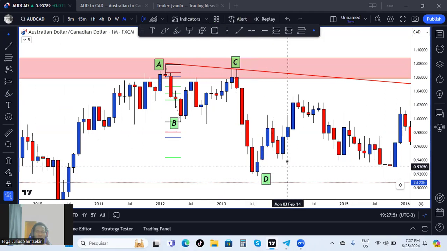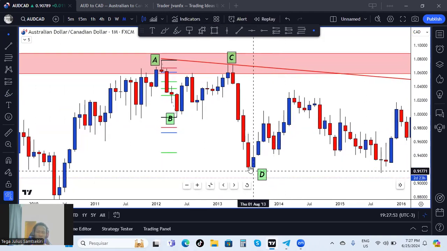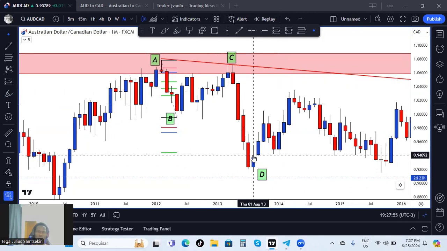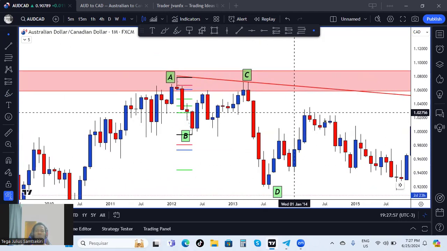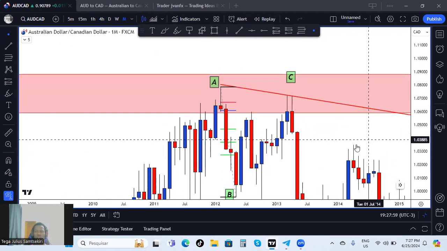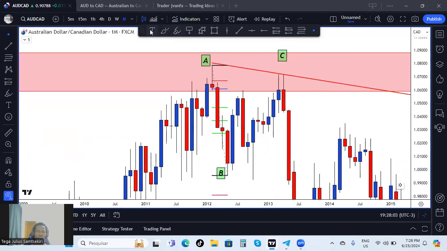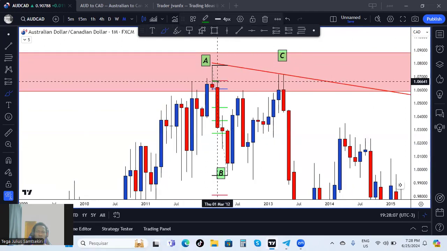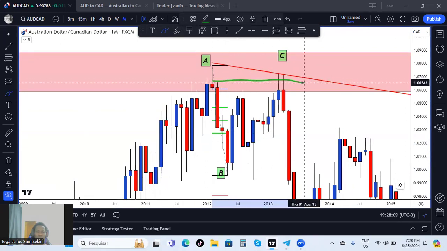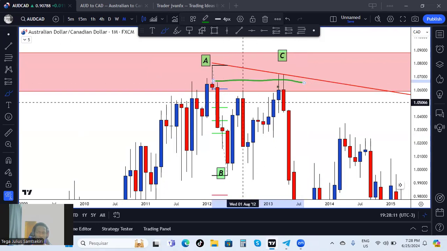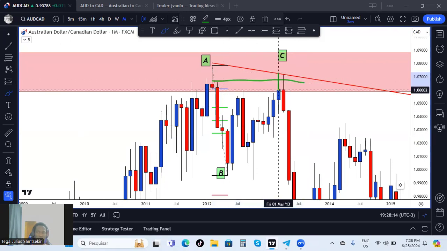Now, why do we consider this place the extension D of this Fibonacci? It's because when price came to this level, the market hit this red line of the Fibonacci and rejected to the downside. You can see the wick rejected and a candle body closed below that area.